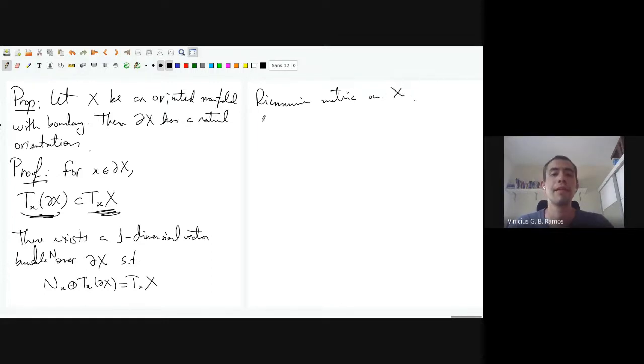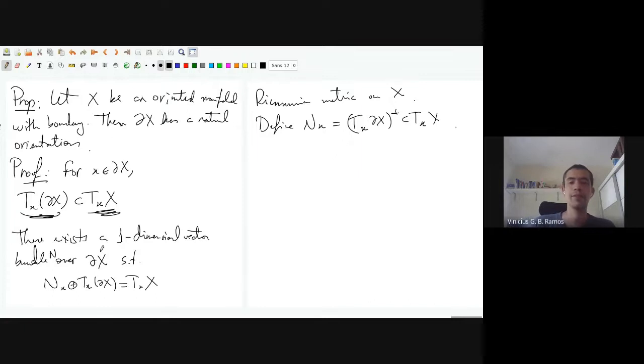You can just define N_x to be the orthogonal complement of the tangent space of the boundary of X inside of T_x X. And then it's kind of obvious that this holds.